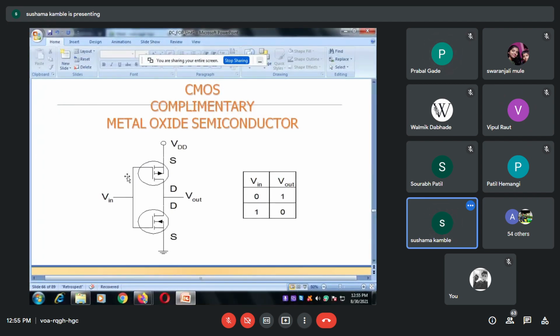Vin as 0 volt means 0 is going to the gate of the PMOS and 0 is going to the gate of the NMOS. So which will be on? PMOS. PMOS will be on because for NMOS the gate requires a higher voltage than the source.